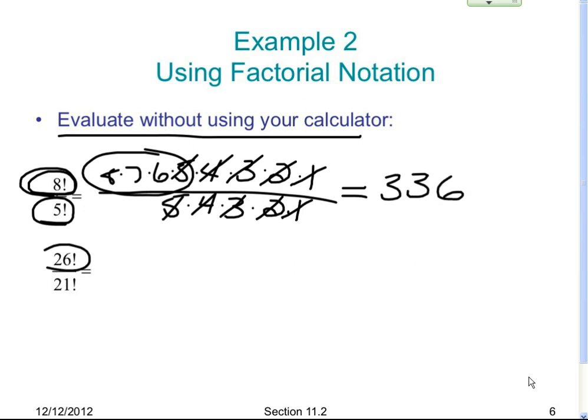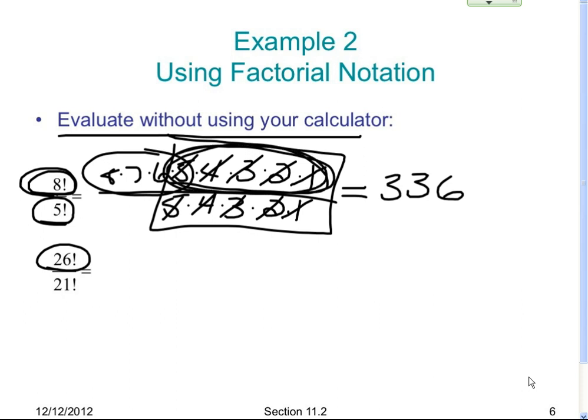Now for the next one, we have 26 factorial, and I would really prefer not to write all 26 numbers out. If you notice this one right here, I knew that I'm going to have 5 factorial on the bottom. And 5 times 4 times 3 times 2 times 1, that's 5 factorial. So in fact, I have 5 factorial here, and I have 5 factorial here.